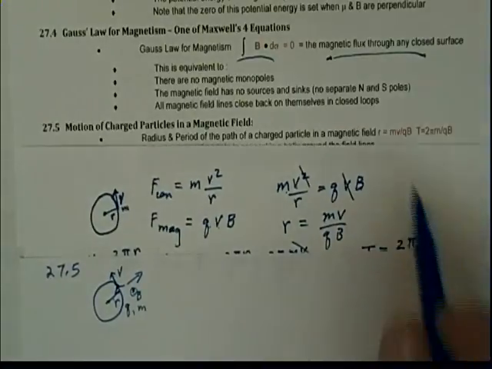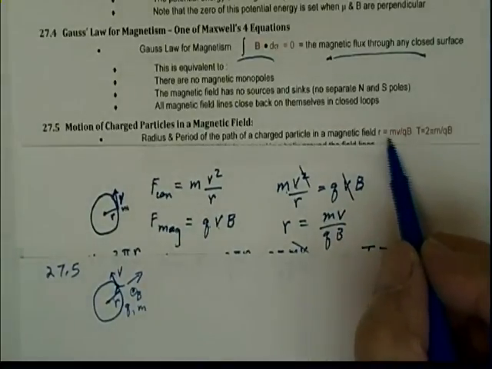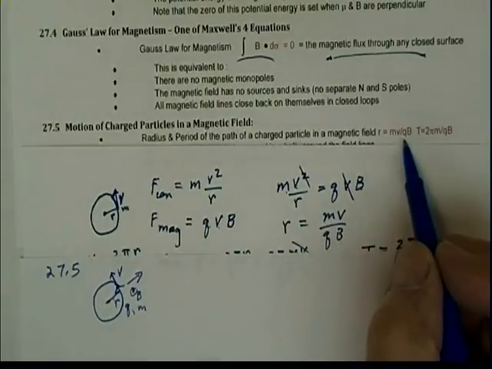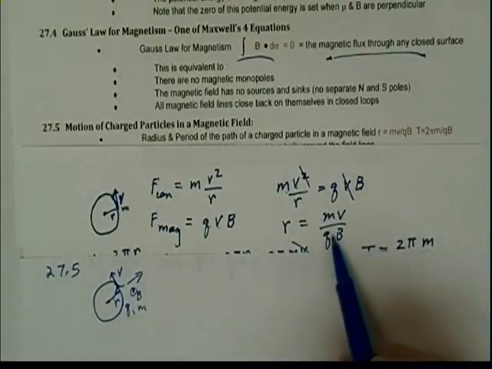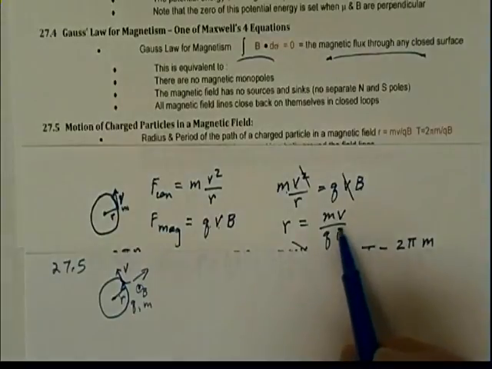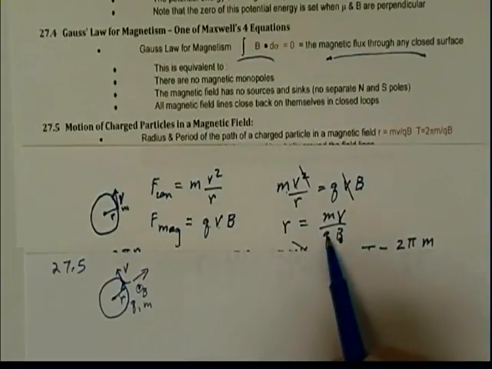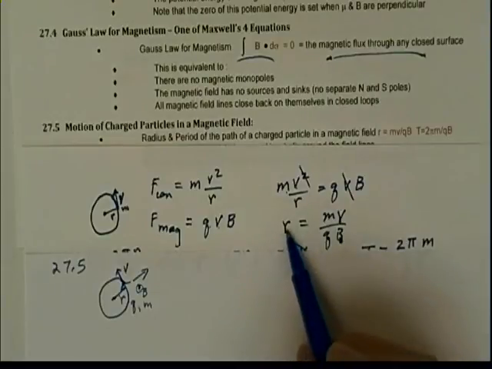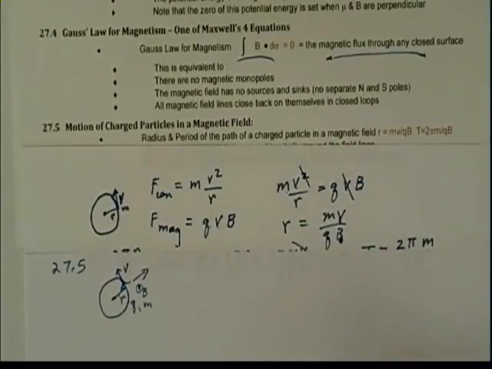So we get the first result right up here, that r is equal to mv divided by qB. And that gives us the radius of the circle for a particle of mass m, for a given charge, for a given velocity, and for a given magnetic field. That charge will run around in a circle of this radius if it's in that magnetic field.